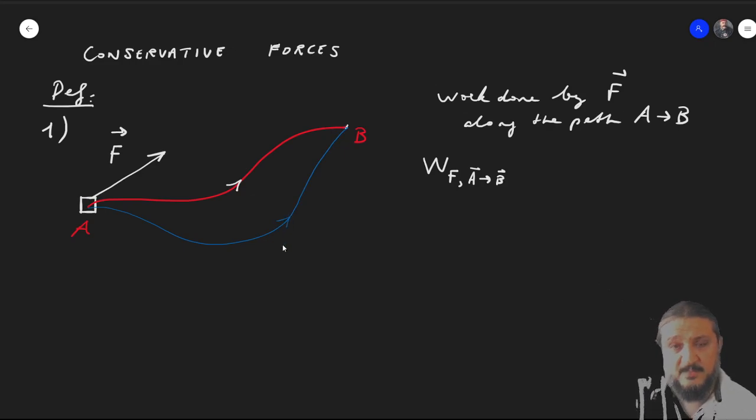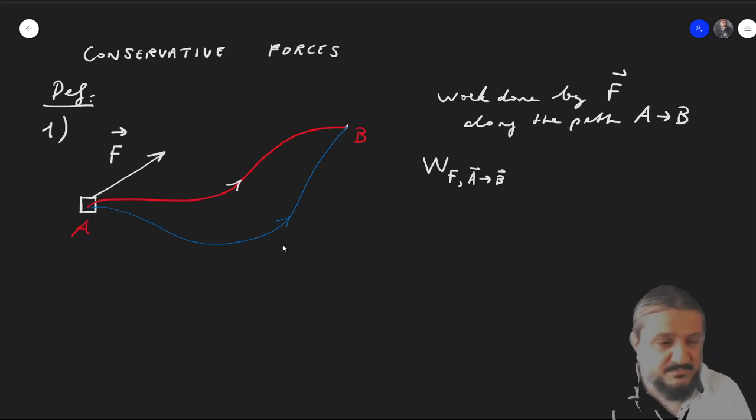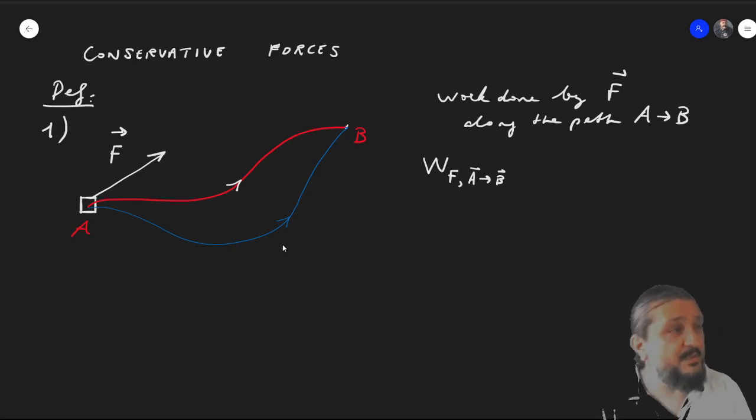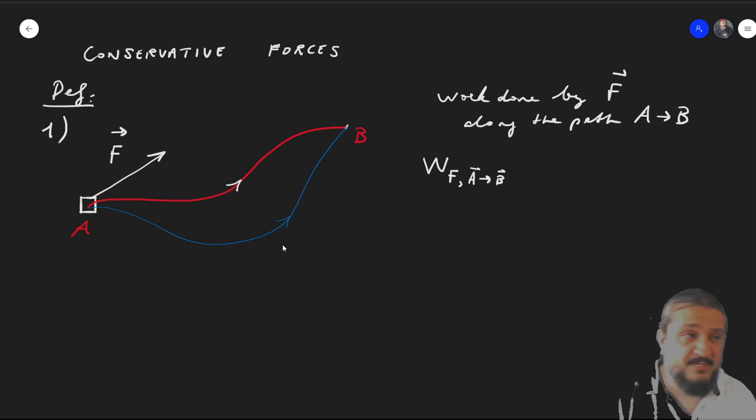Remember when you were loading your truck, you could use a maybe 2 meter long wooden inclined plane or 3 meter, you would end up with the same work. That was that specific problem. But the force would be less if you use a longer plank. Same question here. What if I pick a different path? What will happen to the work?